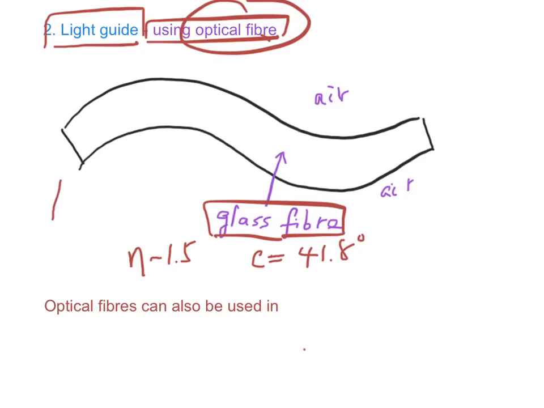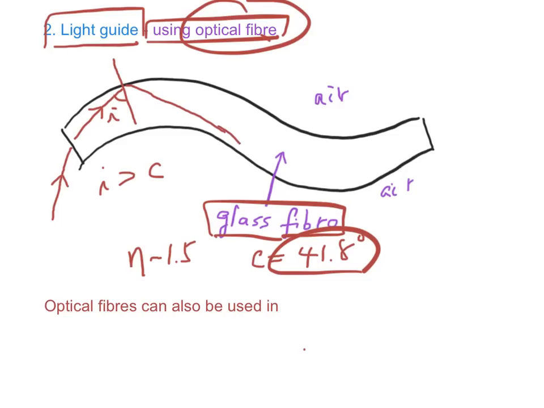When a light wave travels through the glass fiber from air, it refracts into the glass fiber. Inside the glass fiber's surface, the angle of incidence is larger than the critical angle of glass. Therefore, total internal reflection occurs inside the fiber.